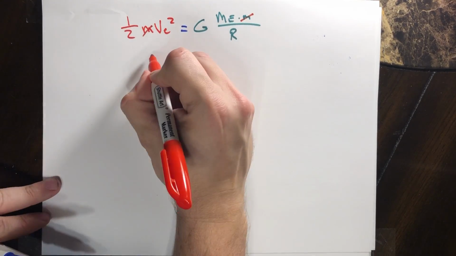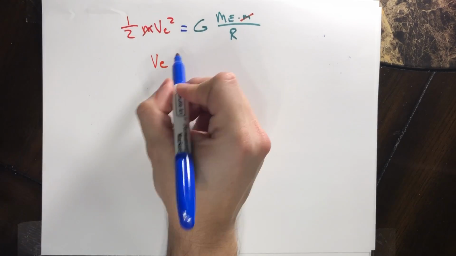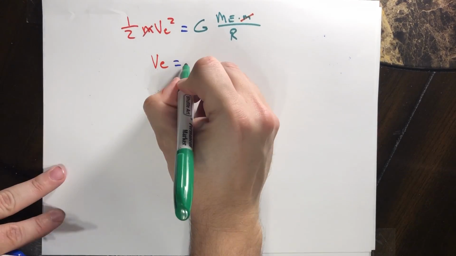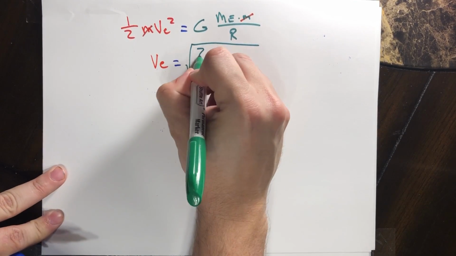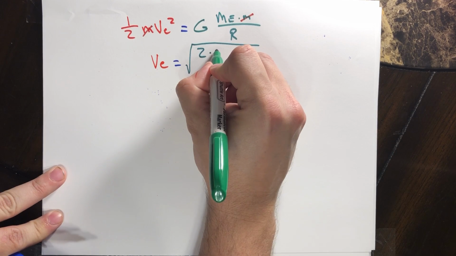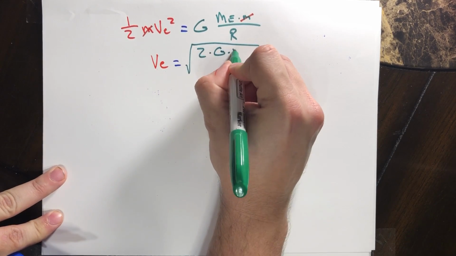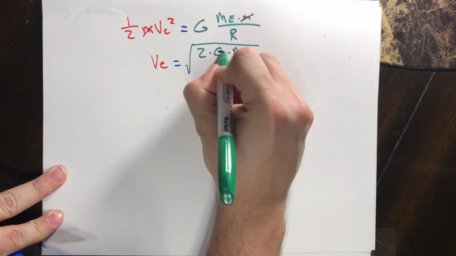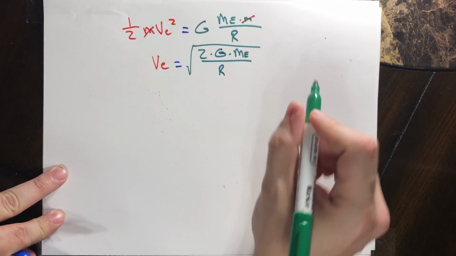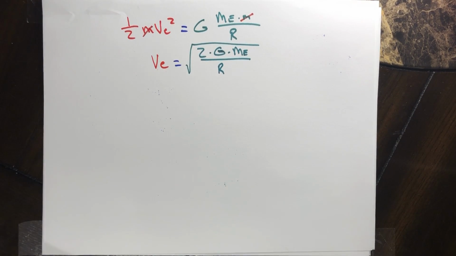So we get the escape velocity is equal to the square root of 2 times g times the mass of Earth over the radius of Earth. Okay? So that gives us an equation.